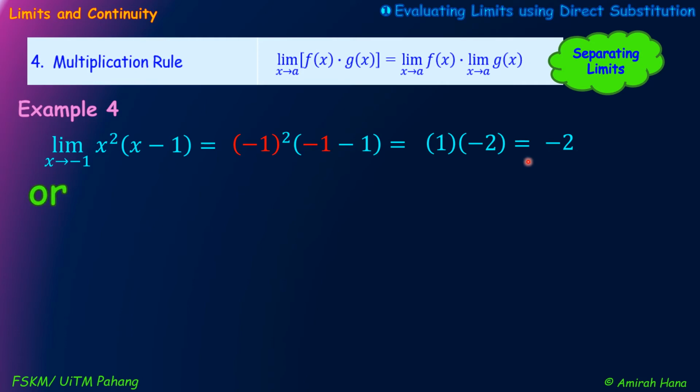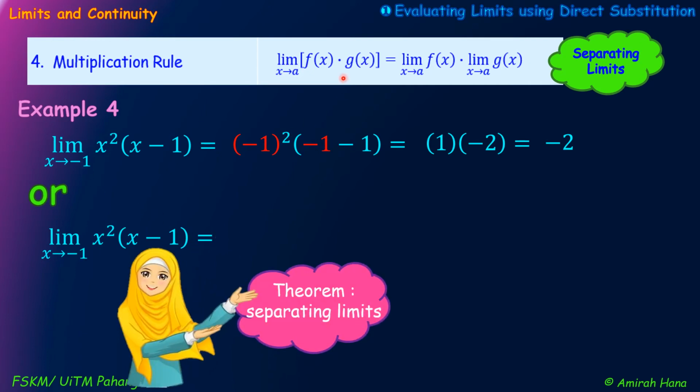Or, for the same example, we can use the theorem of limits. We separate the limits. So we can write the limit as x approaches negative 1 of x squared, and then times, we separate the limits, the limit as x approaches negative 1 of x minus 1.